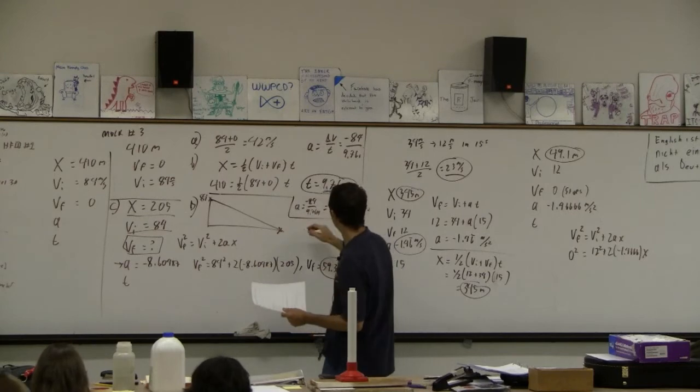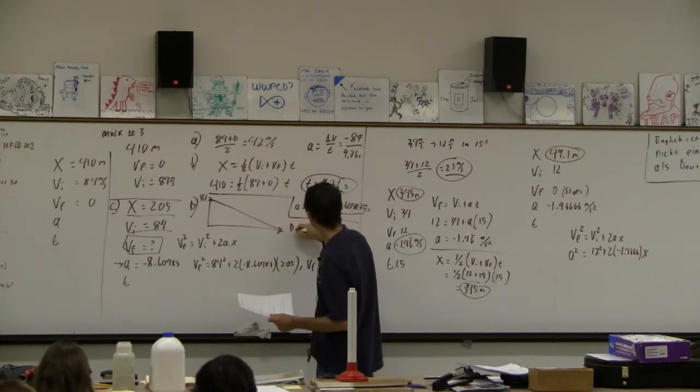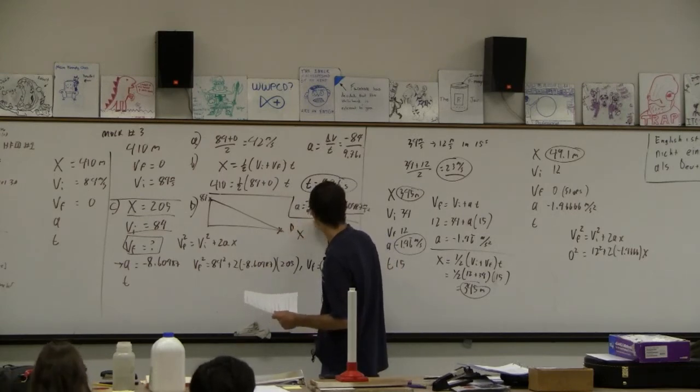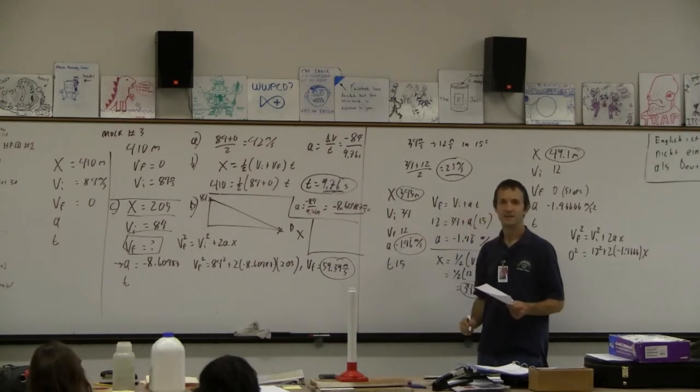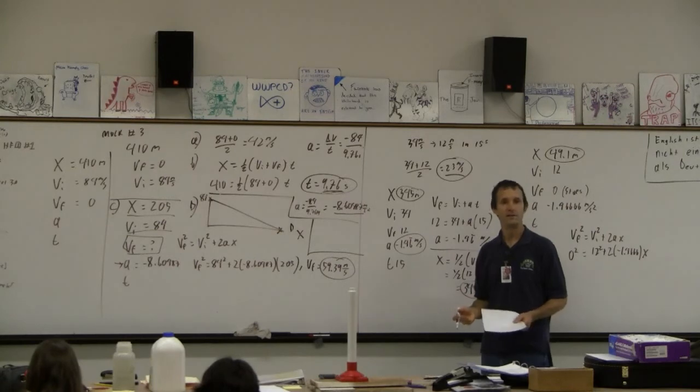How about position? This is D, position, right? We do X versus T. What does it look like? Same thing? Straight line? No, because when it accelerates, it's got to be a curved line, right? And which way is it curved, up or down?